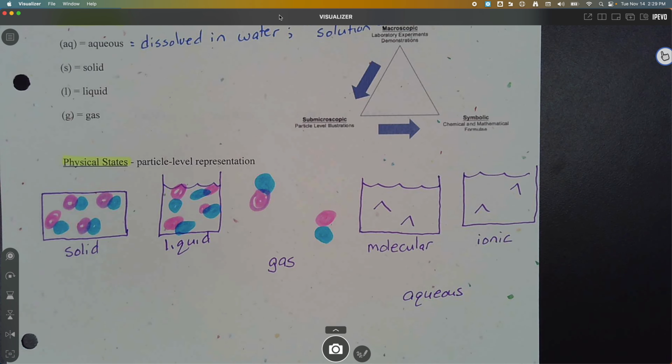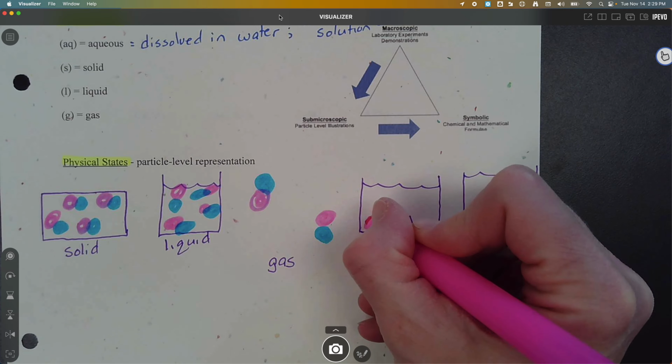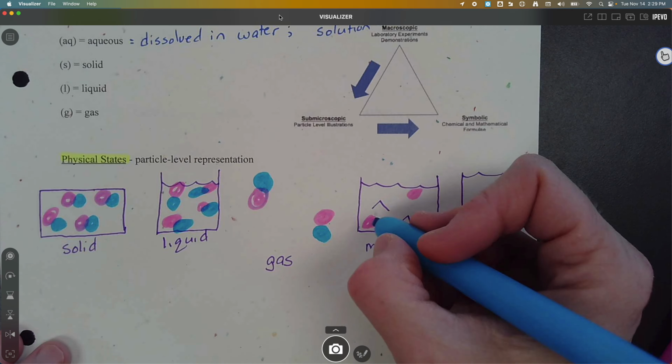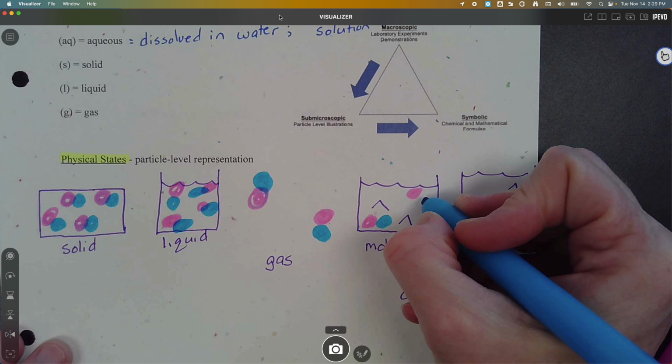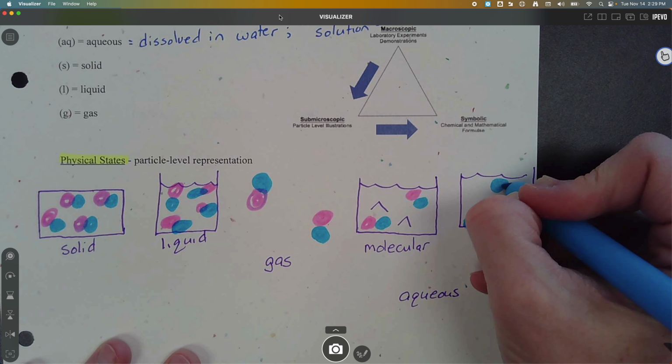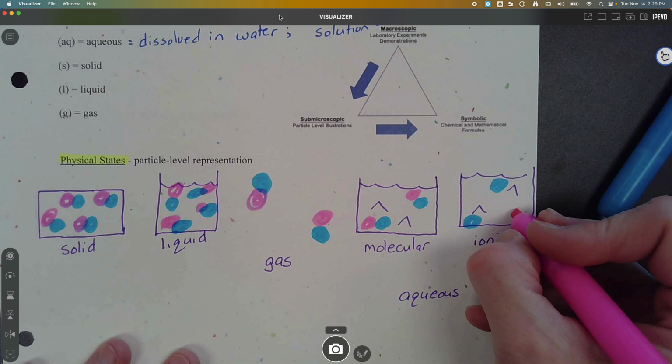If pink blue is molecular, then dissolving it in water simply means that the pink blue particles are going to mix and mingle with the water particles, but they're going to hold together. So there's some pink blue particles stirred in with some water particles. But if pink blue happens to be ionic, it's going to separate into its pinks and its blues.